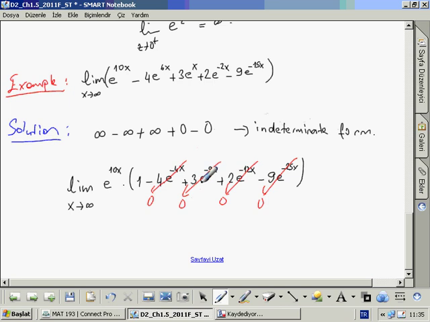So the solution will be easy now: infinity times 1 is equal to infinity.